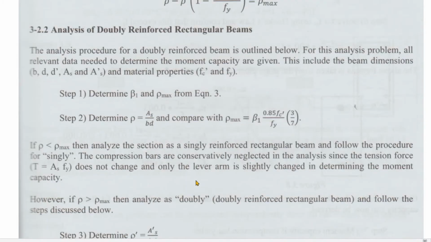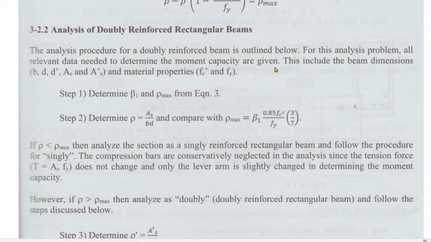Now, let's go to the analysis of doubly reinforced beam. The analysis procedure for a DRB is outlined below. For this analysis problem, all relevant data needed to determine the moment capacity are given.